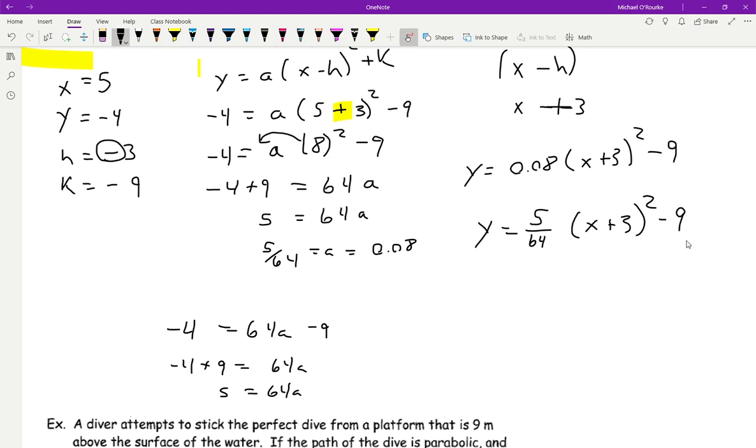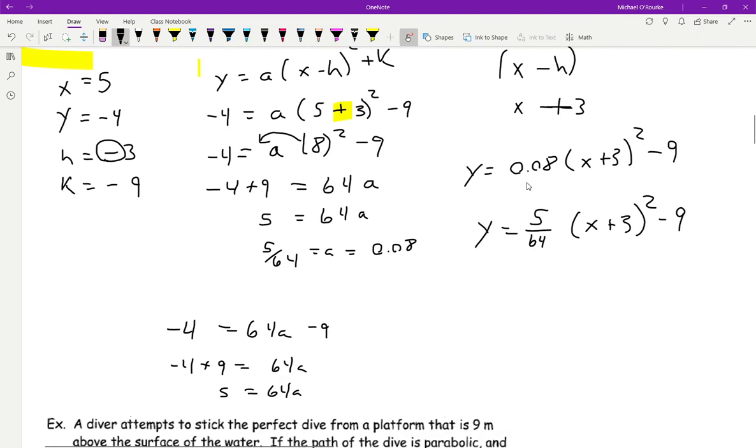Those two are the exact same thing. Whether I want to write a as a fraction or a as a decimal, they both mean the exact same thing. Some people are just more comfortable with having a decimal out here instead of a fraction.